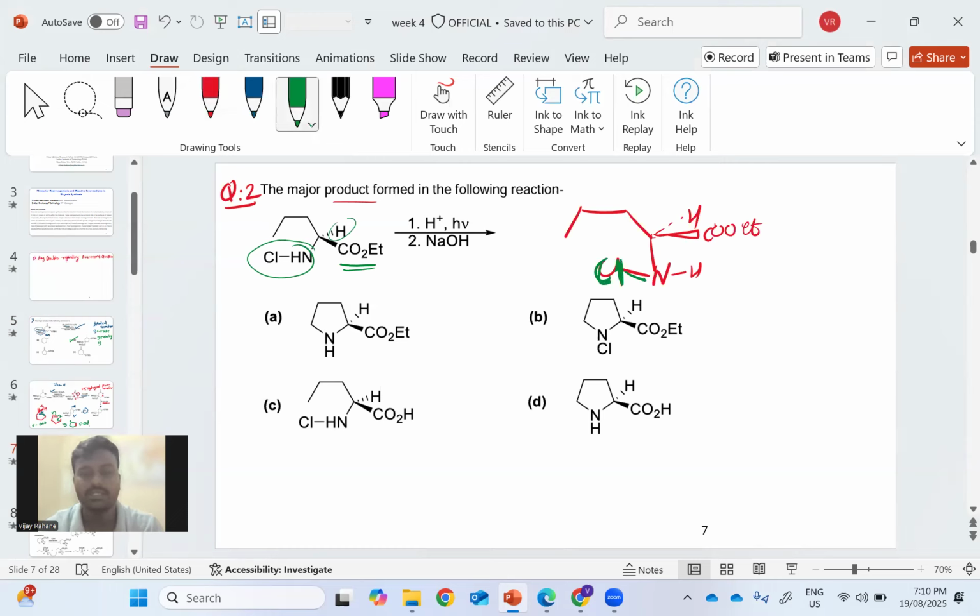So once this starting material reacts in a slightly acidic medium in presence of light, it gives the formation of nitrogen radical. So this is the first step you should be able to analyze just by observing the structure.